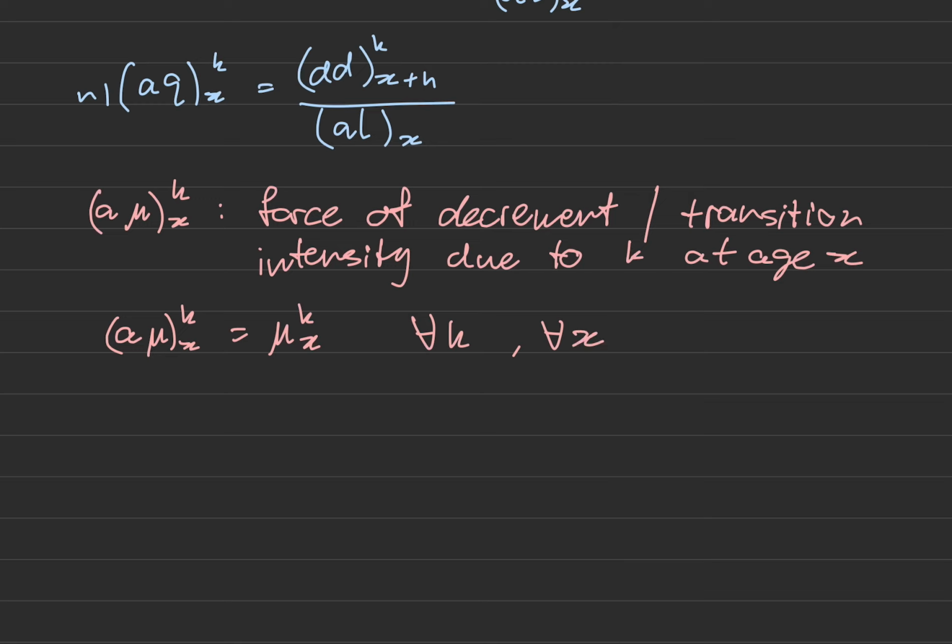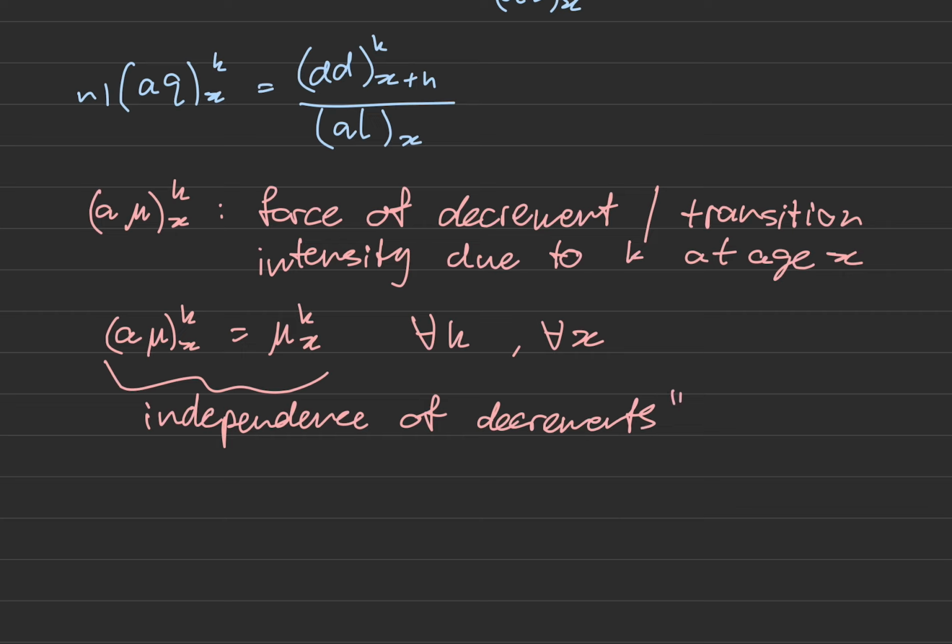And this result here is what we call the independence of decrements. And the intuitive understanding of this is because in an infinitesimally small time interval, there's only enough time for one of the decrements to take place.